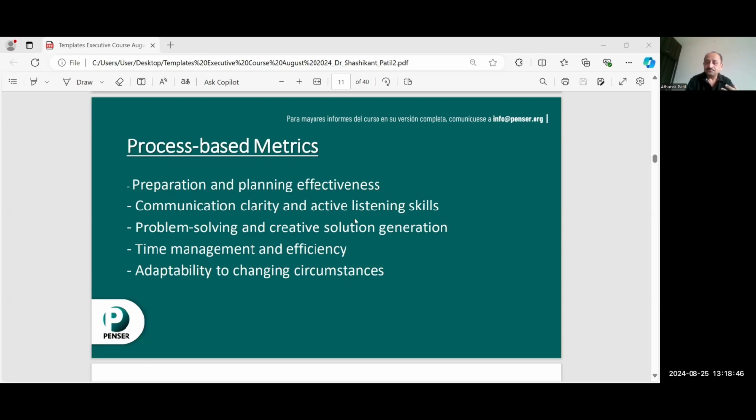You need to boost their, what we can say, self-esteem, and also you have to see to it that problem solving and creative solution generation should be there in your process-based metrics, as well as time management and efficiency. So you need to work on the time management of your people, and ultimately it will help them to work efficiently and productively.